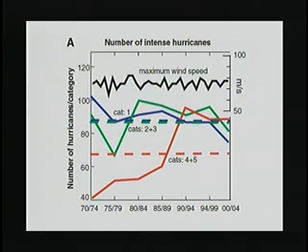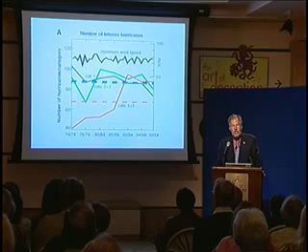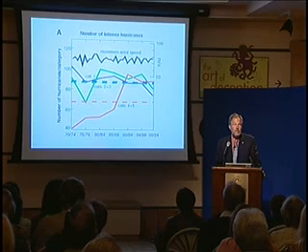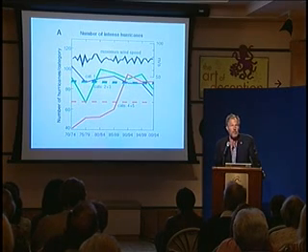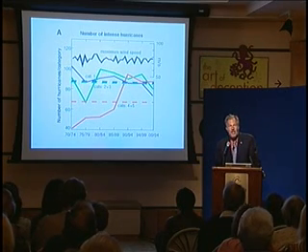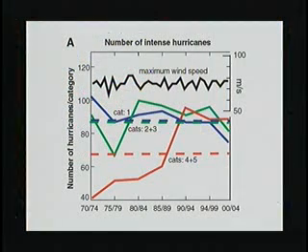Instead, you see more or less random wiggles up and down, but the maximum wind speed is in the neighborhood of 80 meters per second, which is upwards of 160 miles per hour. And so it's the Category 5 limit, you might say. Category 1, the weakest storms, Category 2 and 3 stronger, Category 4 and 5, the monstrous storms. And you can see there's been a decrease, the blue line, in the Category 1 storms.